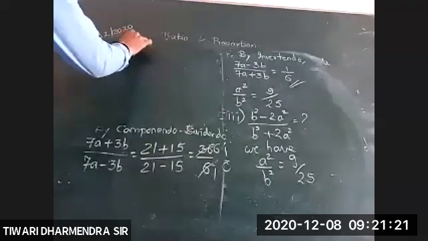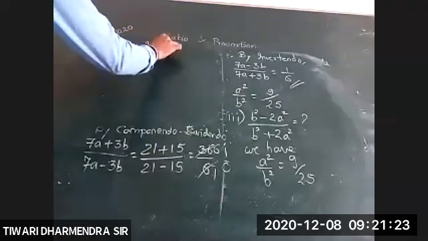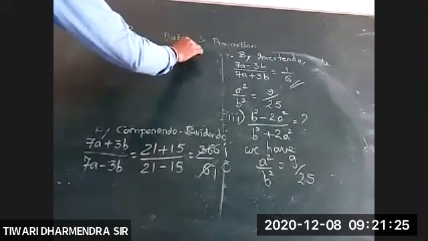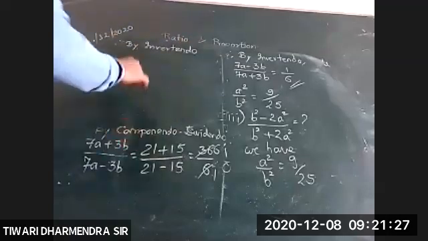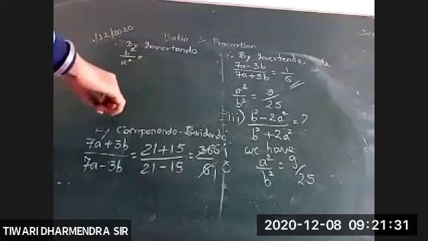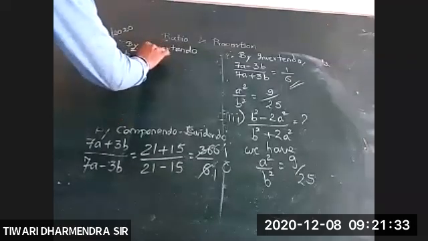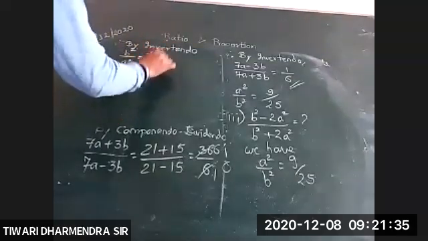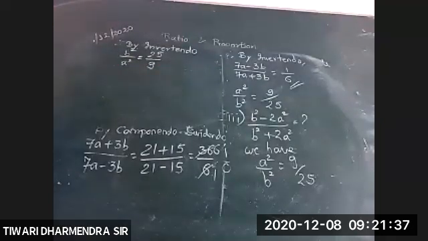Therefore, by invertendo, b square by a square is equal to 25 upon 9. Now, as per requirement, as we can see that with a square, we are having 2.